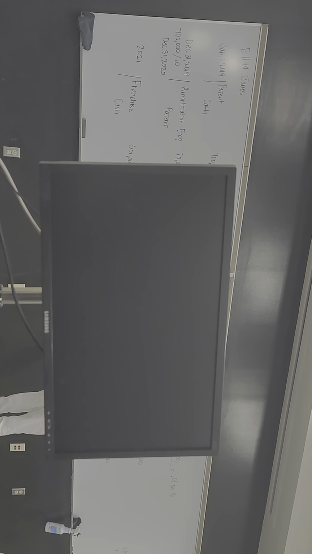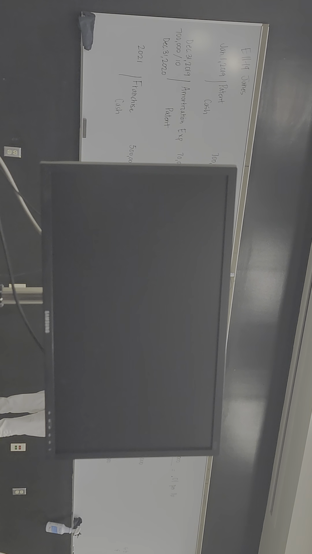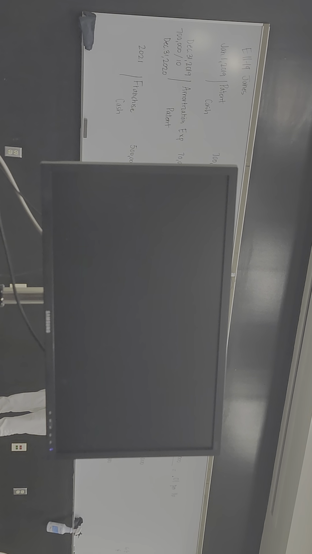We're going to use this unamortized balance going forward, and the new useful life is 5 more years. So it didn't change it from 10 down to 5. If it had, then we would only have 3 more years. It said it has 5 more years at this point. So we're going to divide by 5, the new useful life. And that gives us amortization of 112.